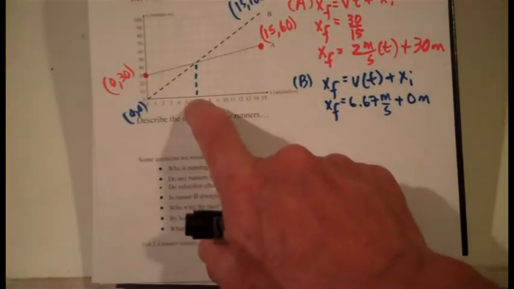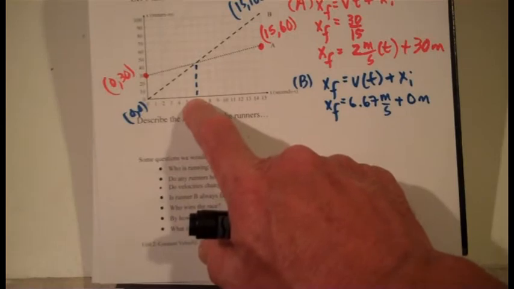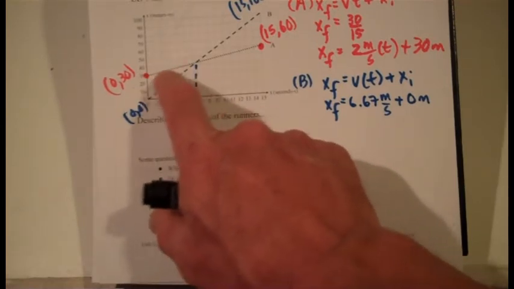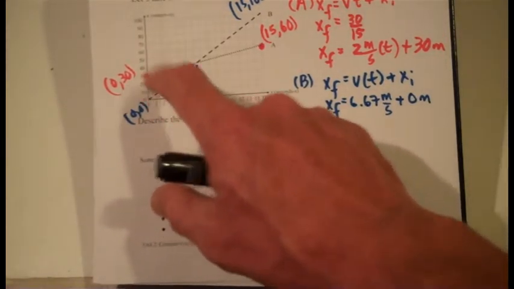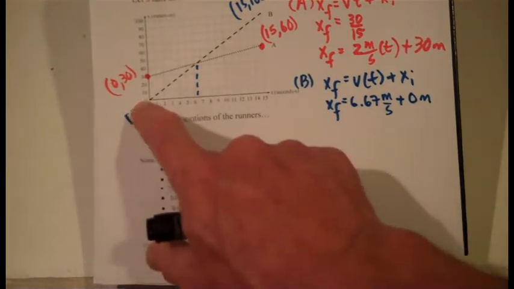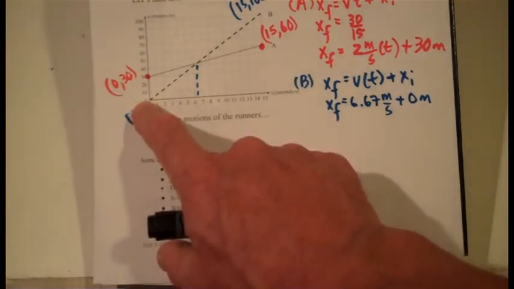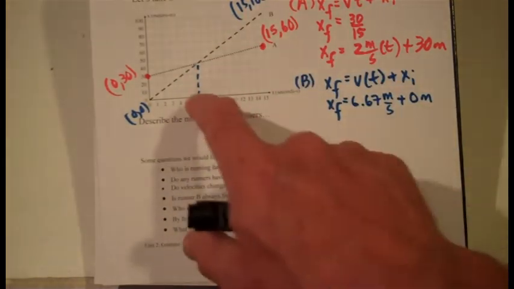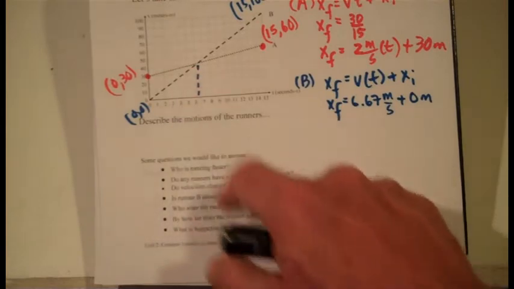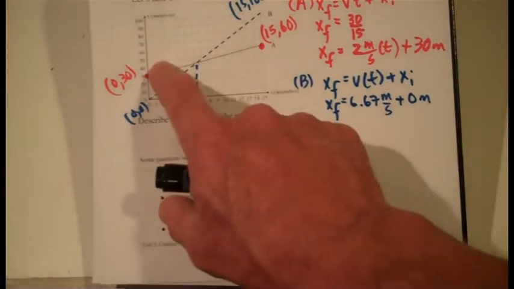Well, up to this point in time, who's winning the race? Runner A is winning, right? Runner A is at a farther position from this origin or reference point. After this intersection point, runner A is now behind. Runner B is leading. So up to this intersection point, A's winning.